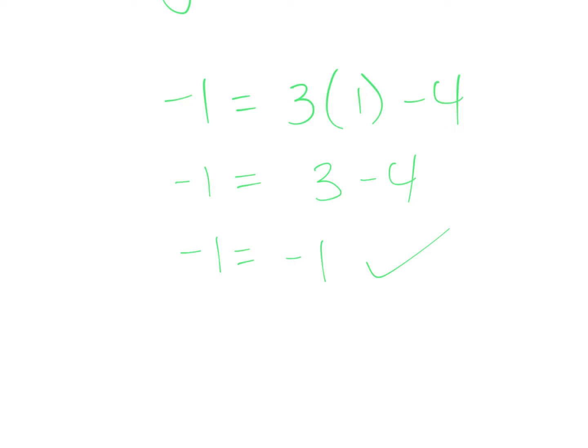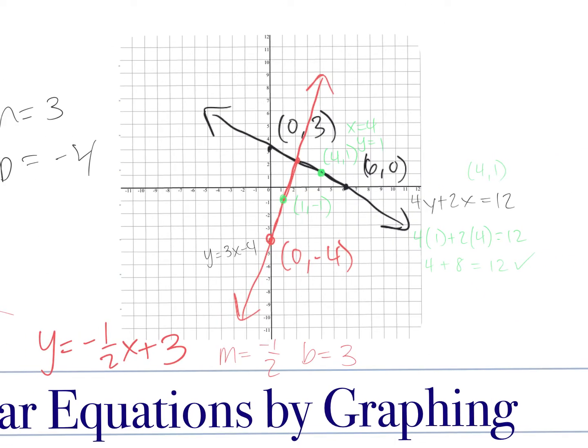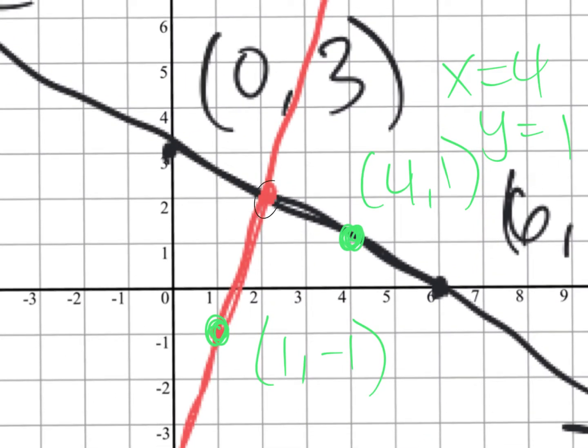Do you guys agree? So zoom out and look back at the graph. So 4, 1 worked for the black line. And 1, -1 worked for the red line. They won't work for each other unless you're at the point of intersection. Where do those two lines meet up? 2, 2.